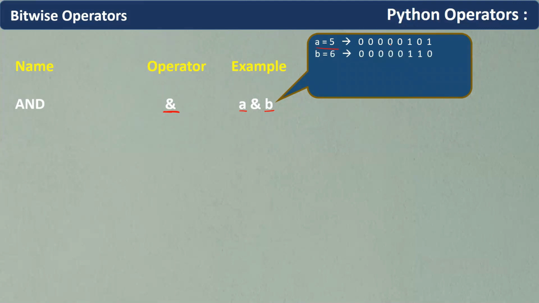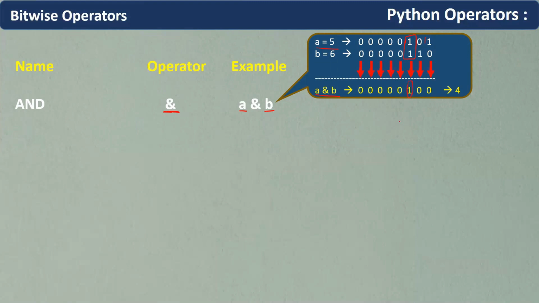Then if you perform the AND operation, what is going to happen? Let us try to understand. If you perform A AND B, observe when it gives output 1 and when it gives output 0. That is very simple. If both inputs are 1, then the output is 1.